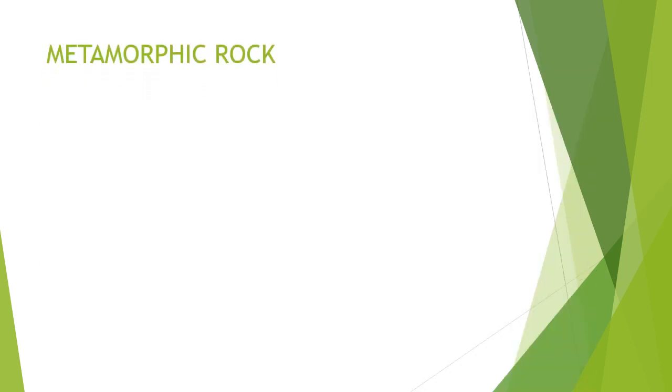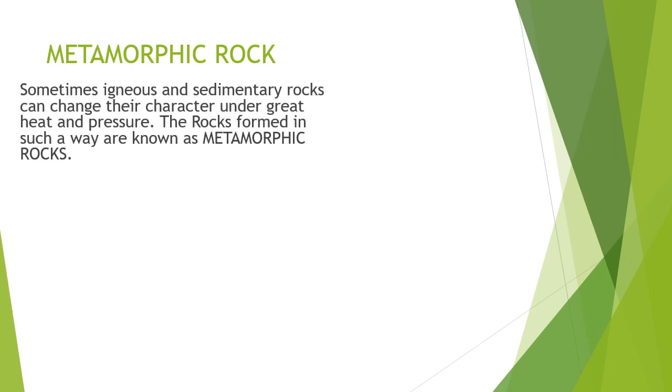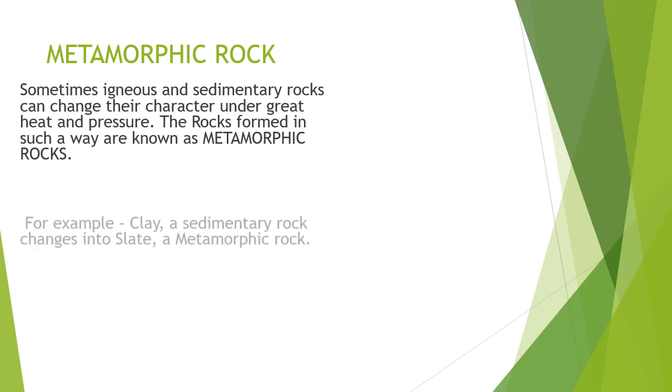Tertiary rock, also known as metamorphic rocks. Sometimes igneous or sedimentary rocks can change their character under great heat and pressure. So the rocks formed in such a way are called metamorphic rocks.